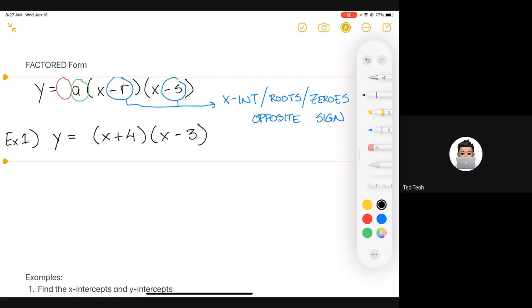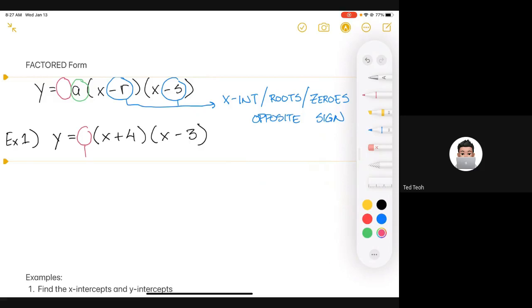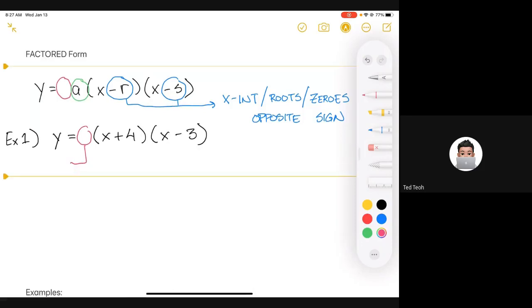Okay, again, they might ask you if it's a maximum or minimum. So to find out if it's a maximum or minimum, I look after the equal sign. If I see nothing, then it's positive. If it's positive, it opens up.